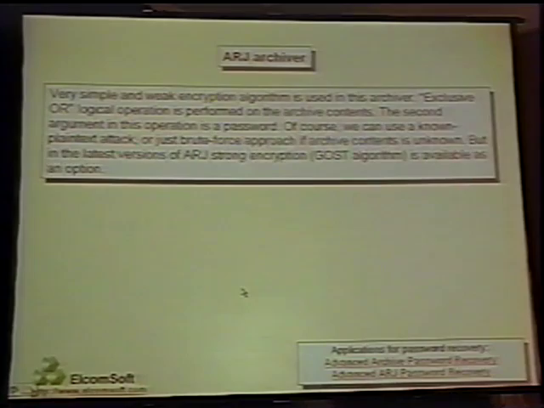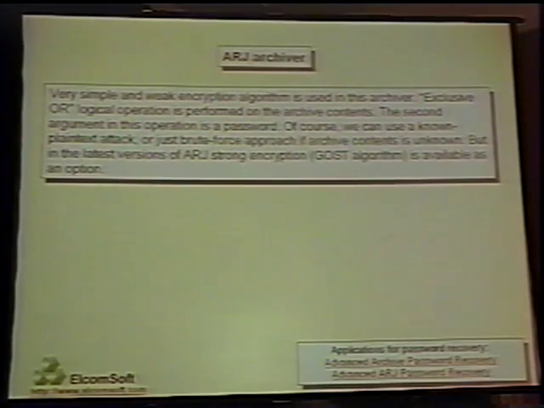Okay, now some words about the ARJ archive. A very simple and weak encryption algorithm is used in this archive. An exclusive OR logical operation is performed on the archive contents. The second argument in the operation is the password.